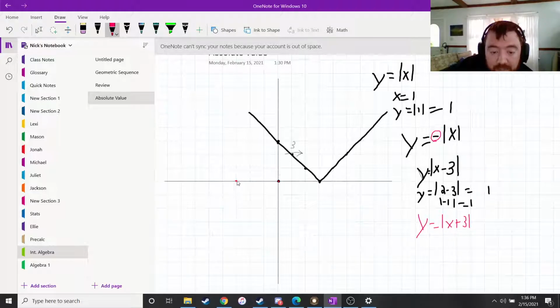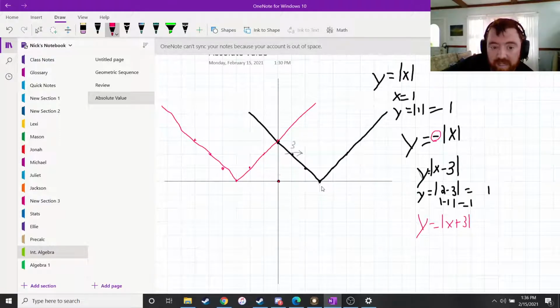For the exact same reason, I want to find what value is going to make it so that my absolute values are giving me a slope of 1. Sorry about my drawing a straight line, but that would be x plus 3. You're moving it to the left 3.